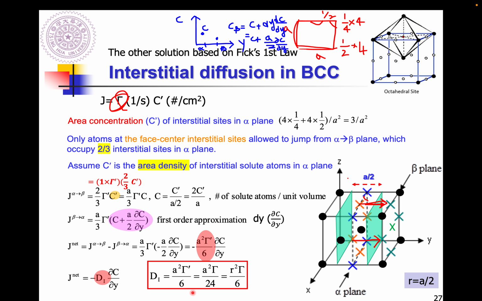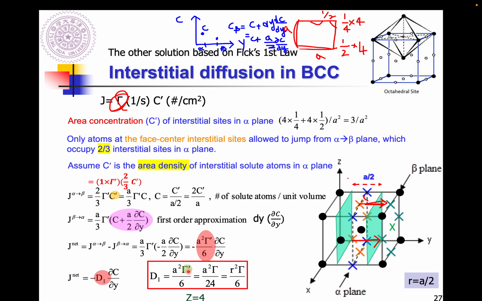If your question asks you in terms of A and gamma prime, then you can have less results. But if they ask you in terms of A and gamma, then you need to convert the gamma prime back to gamma. And just remember, z equals 4.